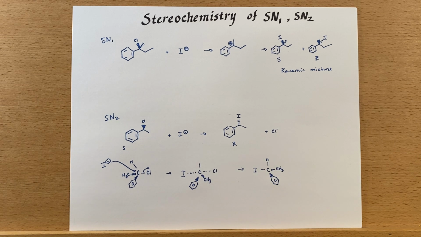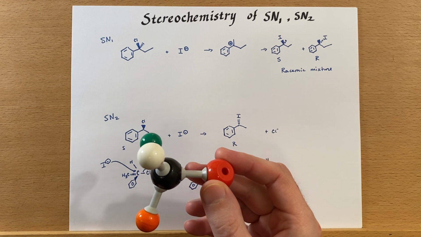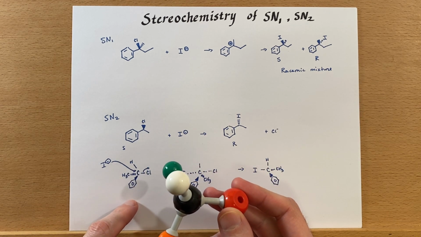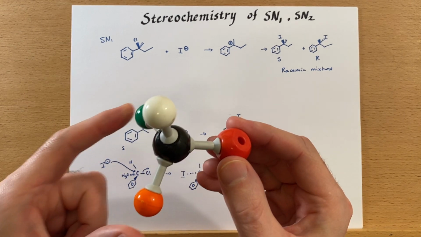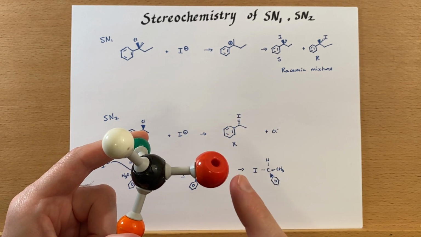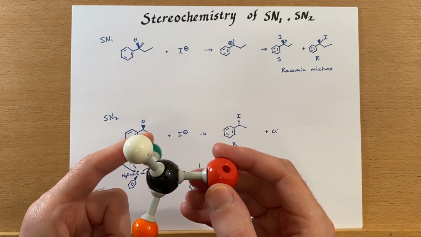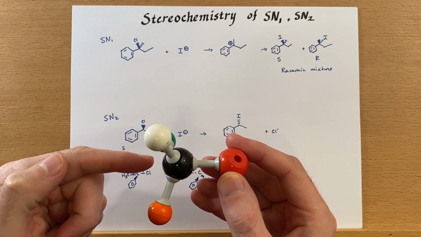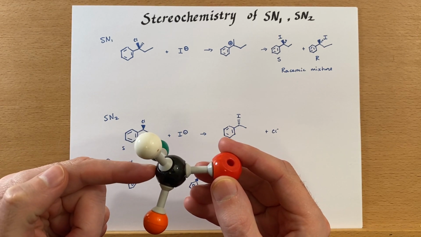Now, I've got some models to help illustrate this a little bit. So let's say that this is our starting material, and so we would have this kind of chirality. And there's our chlorine, our leaving group right here. And we'll have an iodine, and it will come in and attack this carbon right here.